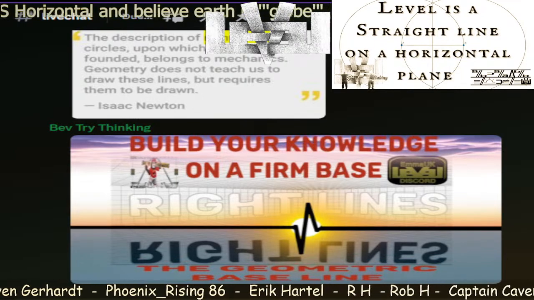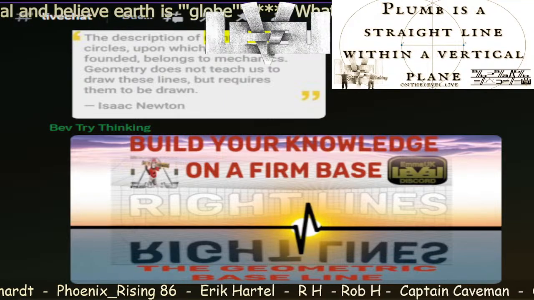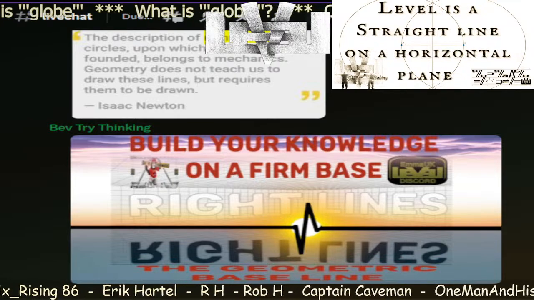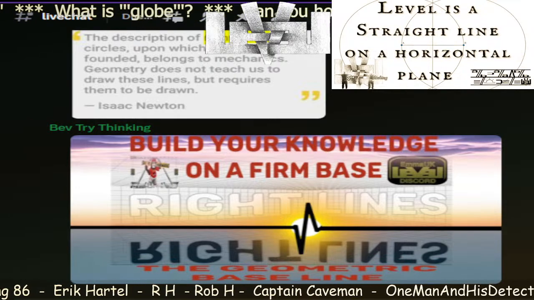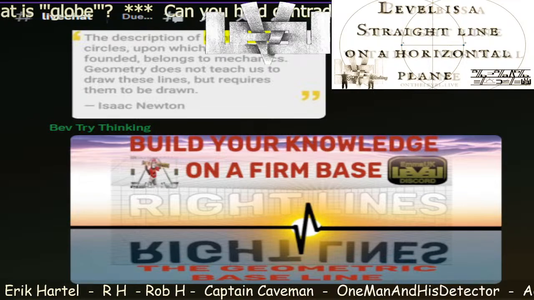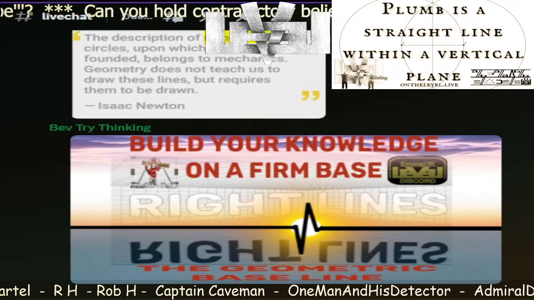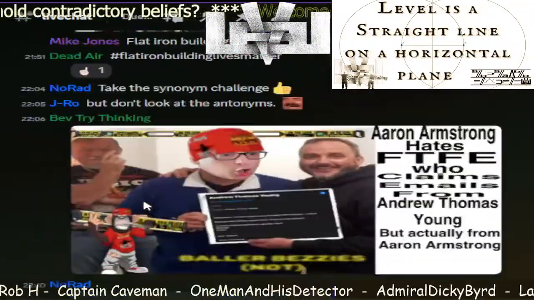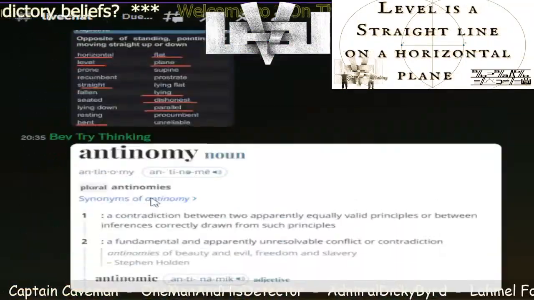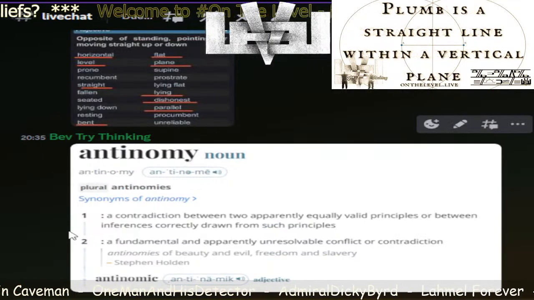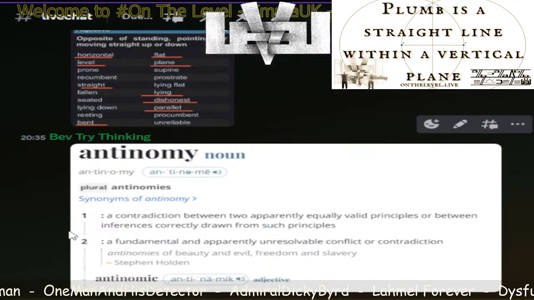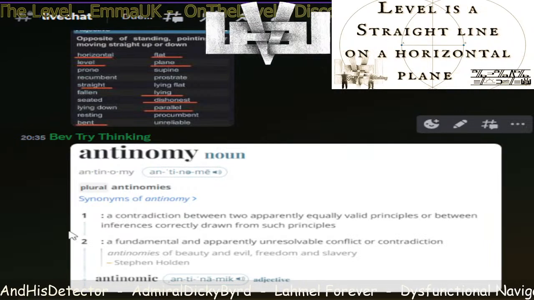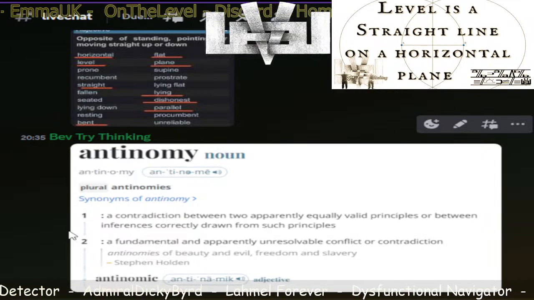We were talking about this today a lot, about how the acceptance becomes hard because it's turned itself into an antinomy. What does it say? It says here, a contradiction between two apparently equally valid principles. So you think they're equally valid, so it's hard to tell which one's which.